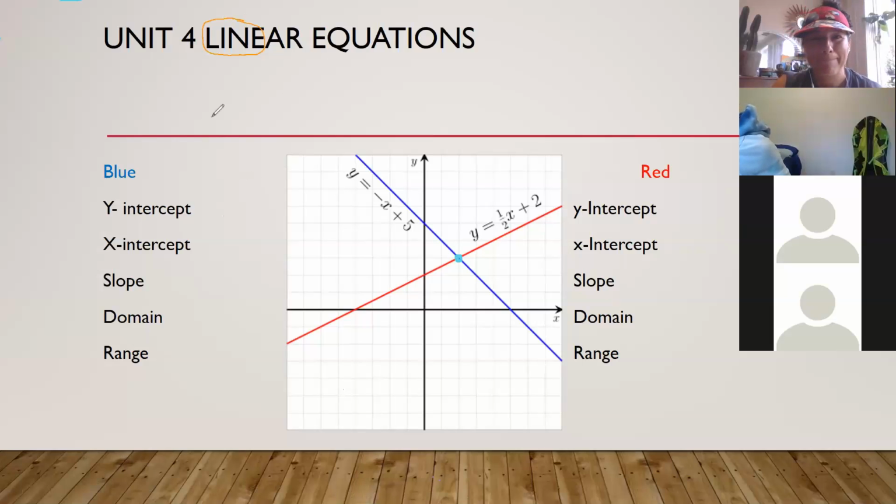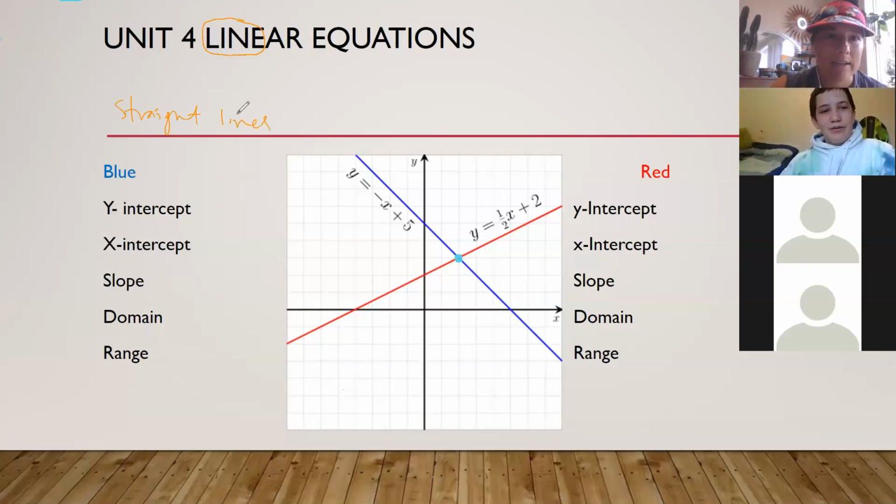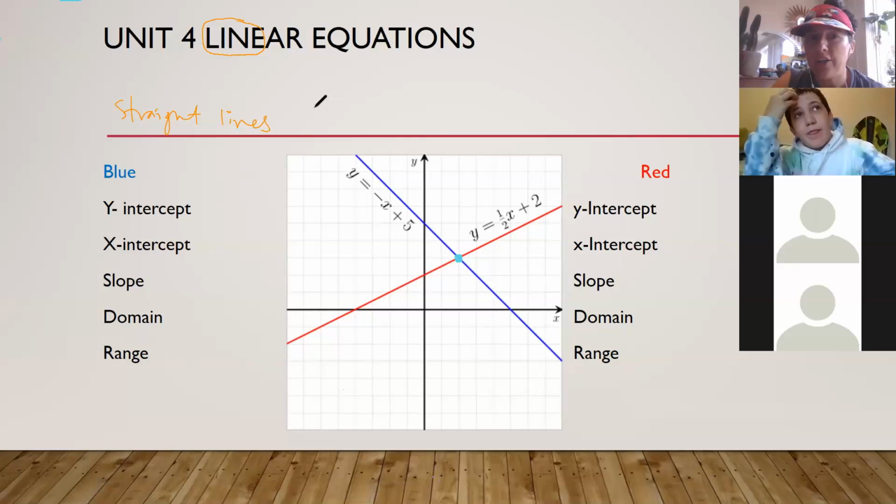An equation with lines. Good. Straight lines. And there's a lot of really neat patterns that are found in linear equations. And so you get to start playing around with that and using different forms of linear equations.